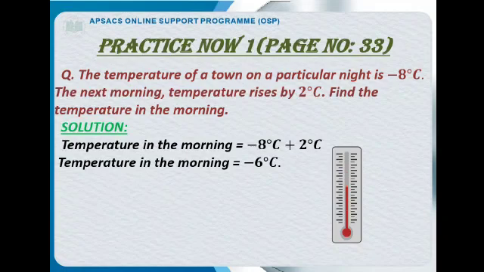So the temperature in the morning is equal to minus 8 degrees Celsius, but in the question it is mentioned that the temperature rises, meaning increases by 2 degrees. So we have to add 2 degrees Celsius to minus 8 degrees Celsius. So finally the temperature in the morning is minus 6 degrees Celsius.